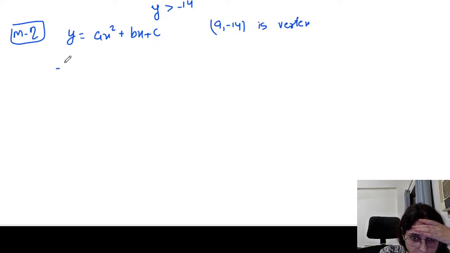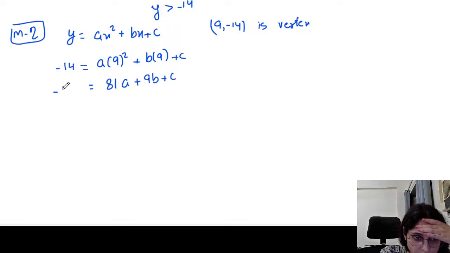You write it over here: -14 equals a times 9 squared plus b times 9 plus c. You get 81a plus 9b plus c, and that is equal to -14.